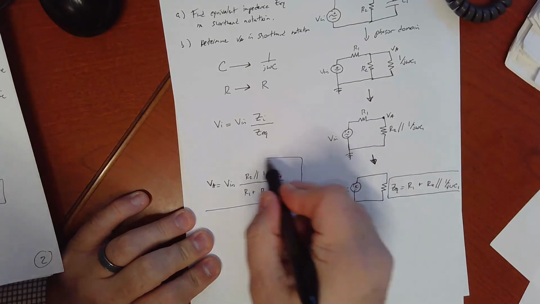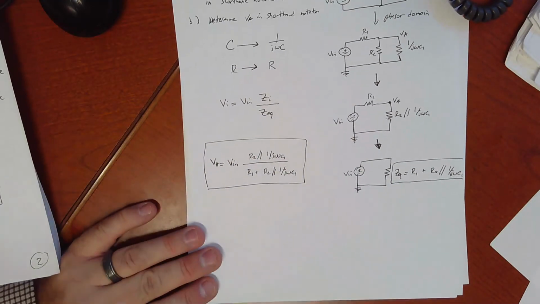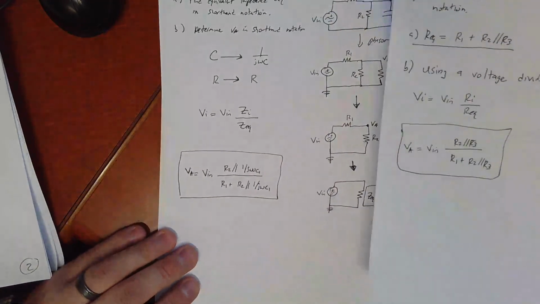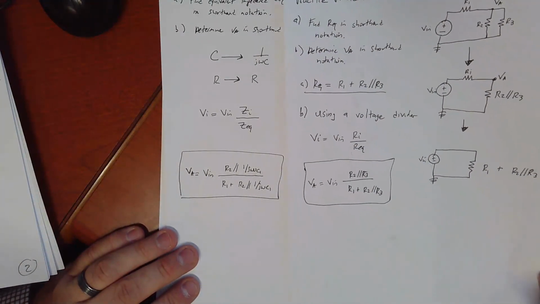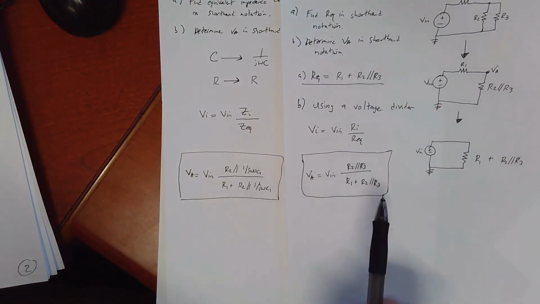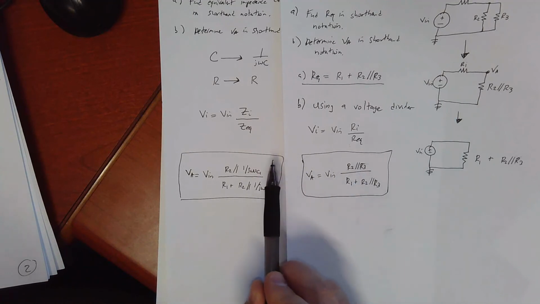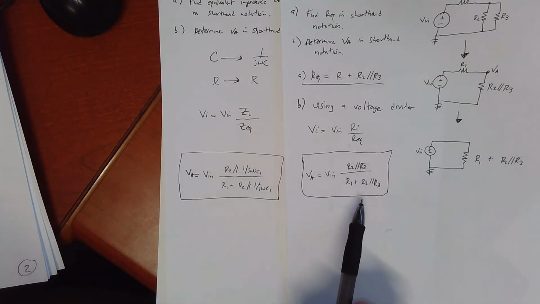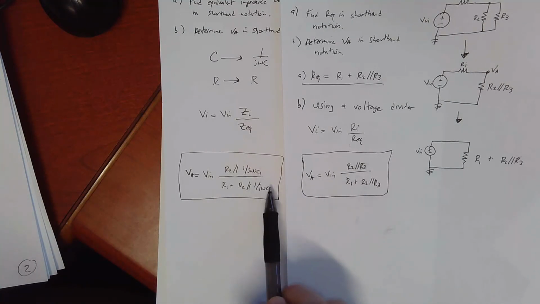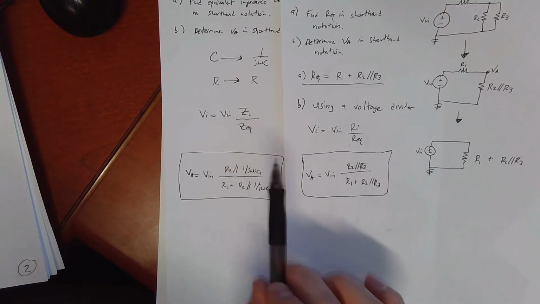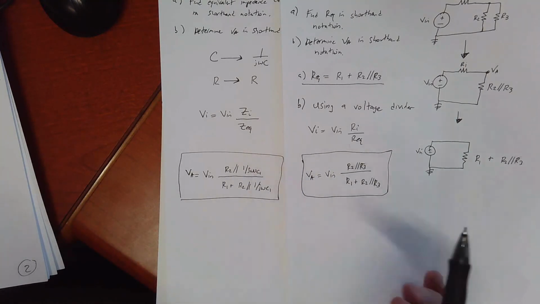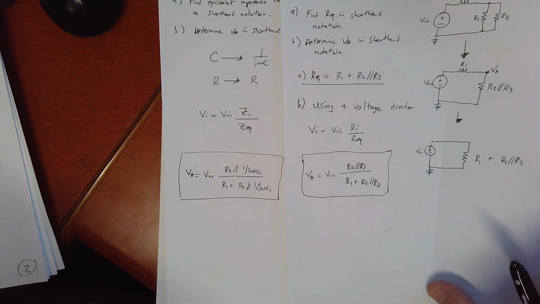So there's part B. And if we now compare this to the previous results we got, you can see they're exactly the same, where, as we said, R3 was just replaced with 1 over j omega C1. The only difference is that the resistor R3 just becomes 1 over j omega C1 when that component is replaced. But everything else is exactly the same, which is pretty cool.